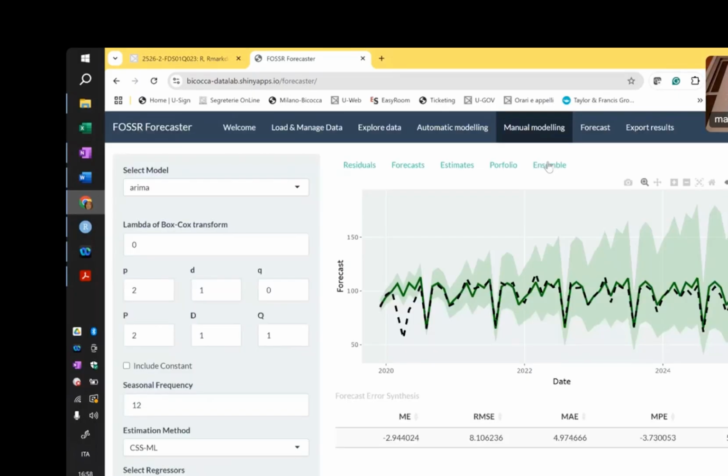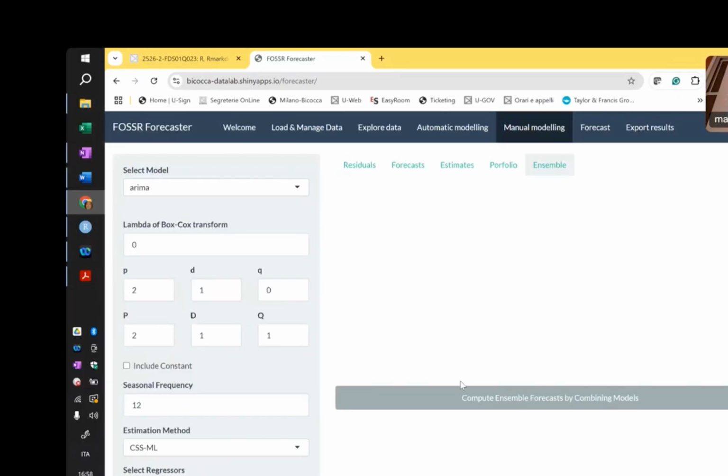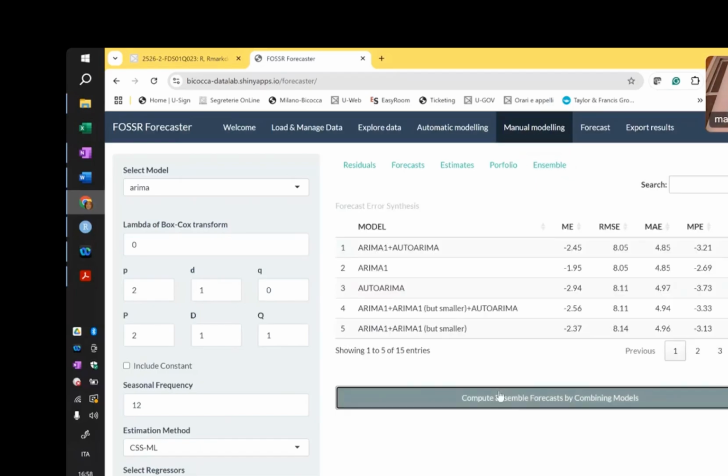And then, of course, you can do ensemble prediction. This is just the average of every possible combination of the models, okay? So the best is actually our first ARIMA together with the auto ARIMA. It actually doesn't really change much.